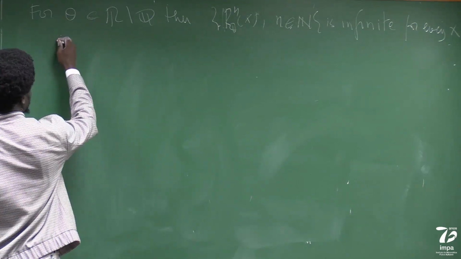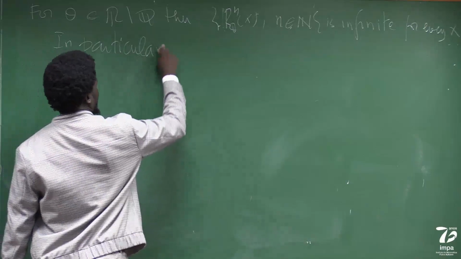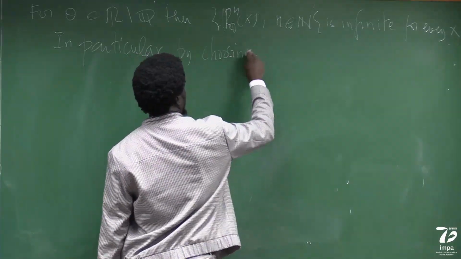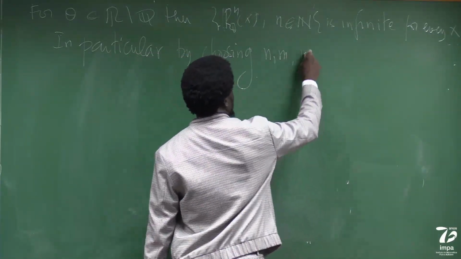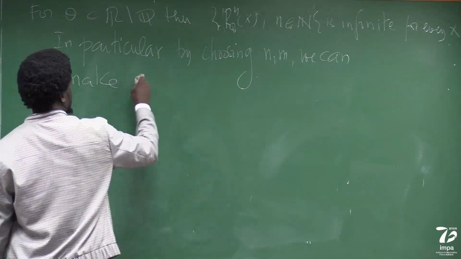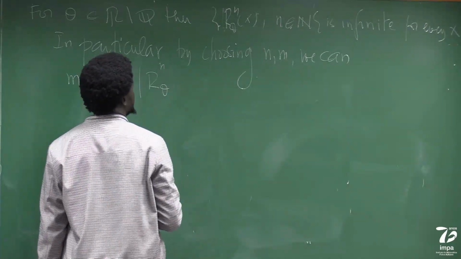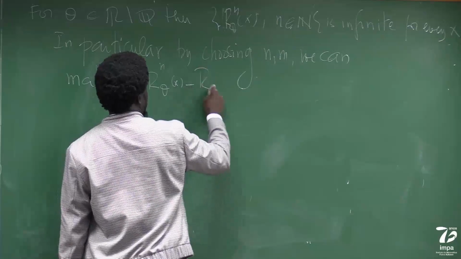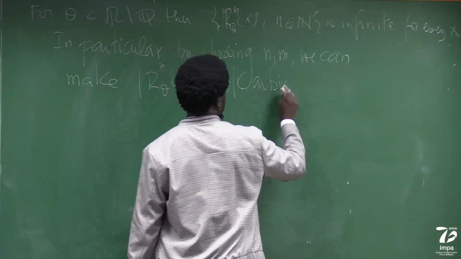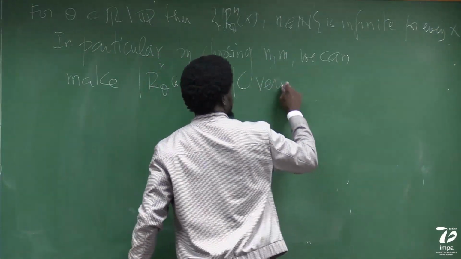Now, this orbit being infinite means that, in particular, by choosing n and m, we can make the absolute value of R_theta^n x minus R_theta^m x arbitrarily small, as small as we want.